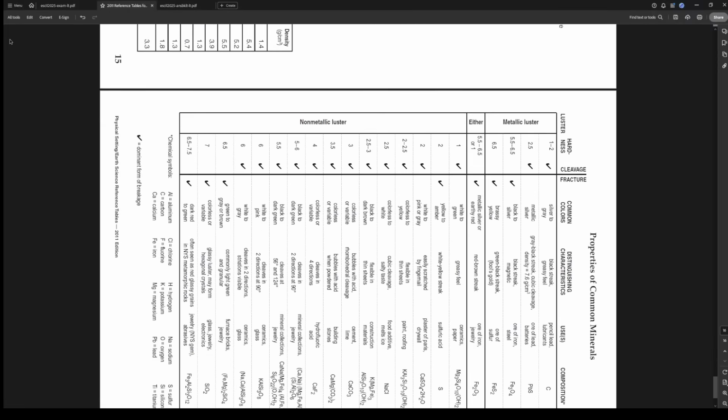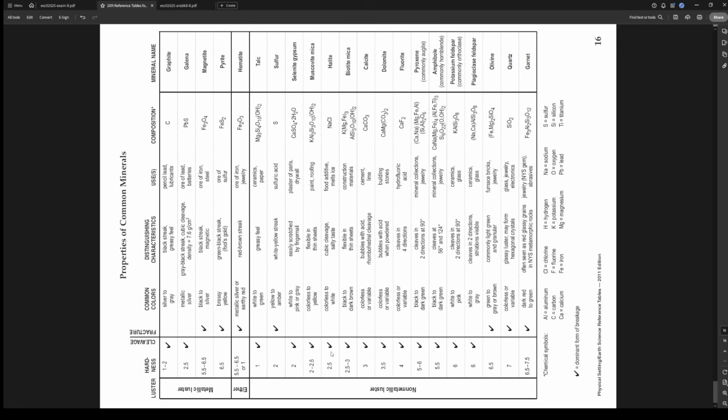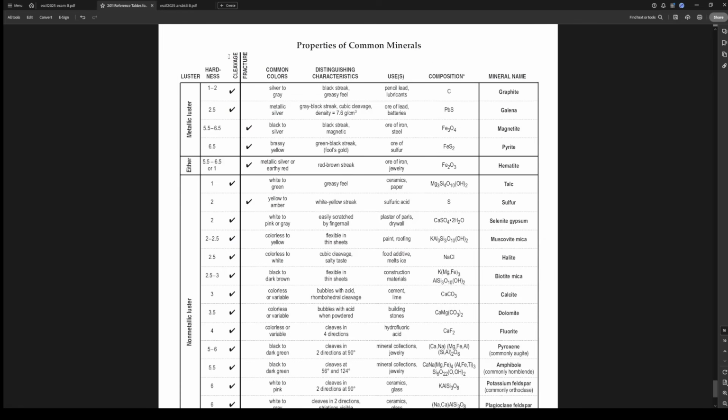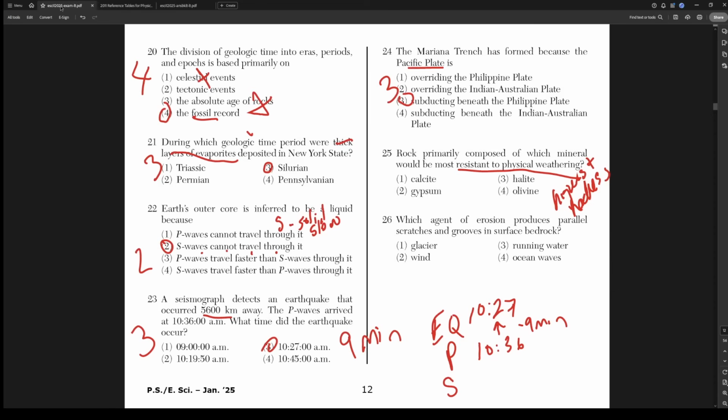And we're going to flip this again because it's annoying. Now we're just going to look in the hardness right here, see? And we're going to find the highest one. So we're really looking for these. Garnet, quartz, olivine, one of those. Let's see. Olivine. There you go. Easy peasy.